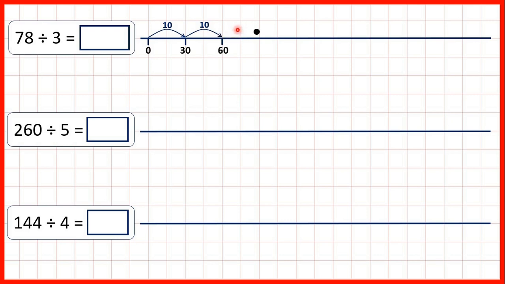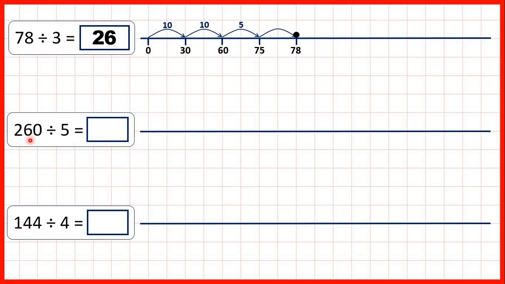So if we jump 5 times 3, we can add 15 to 60, and 60 plus 5 times 3 takes us to 75. And then we just need one more jump to get to our dividend, to get to 78. So that's 10, 20, 25, 26 jumps altogether.